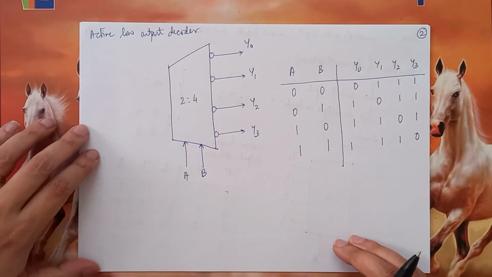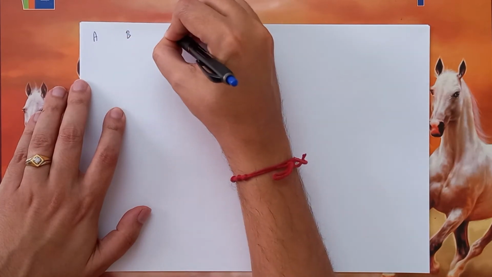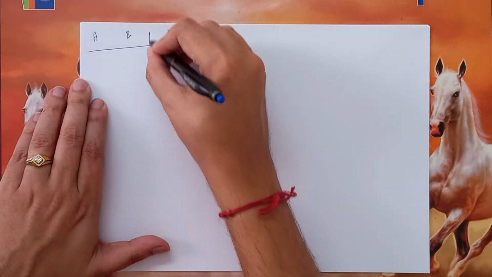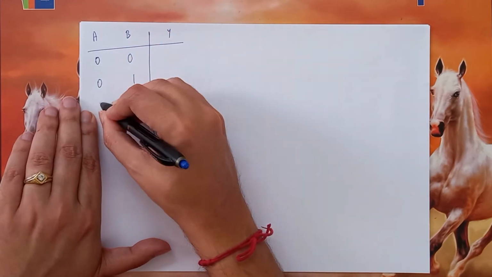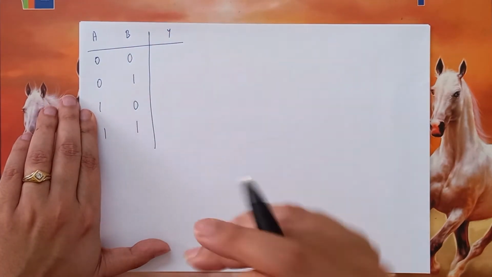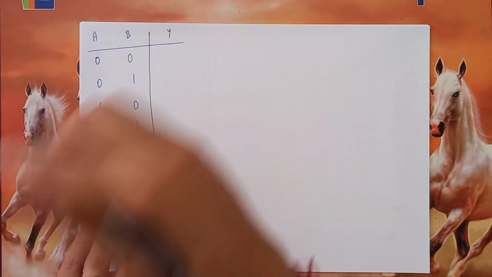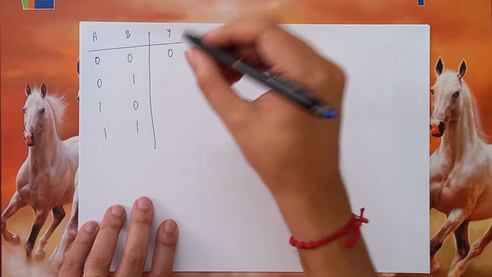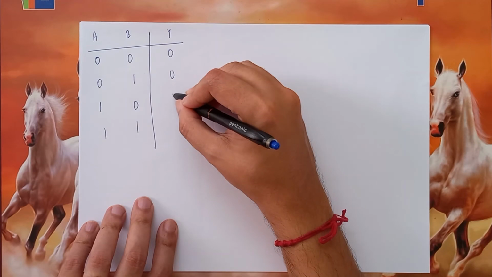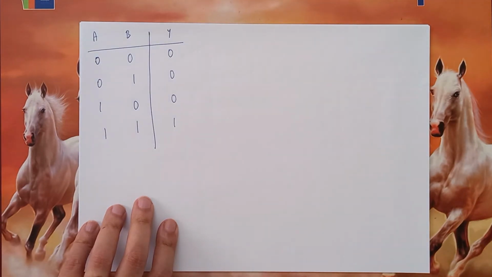Now let us say I have a logic function which looks like this. Something like this.